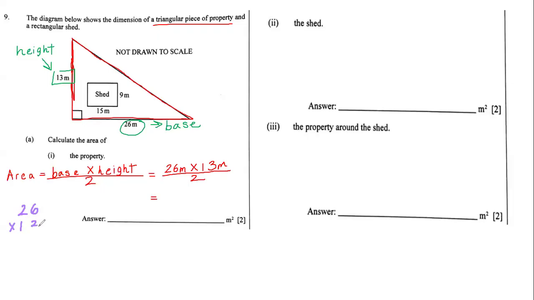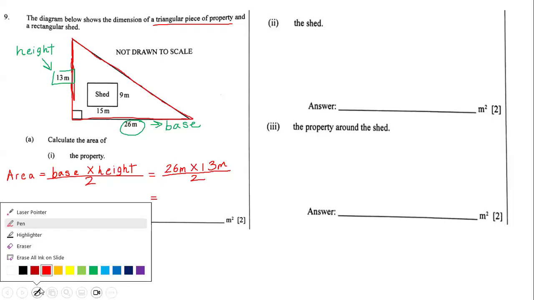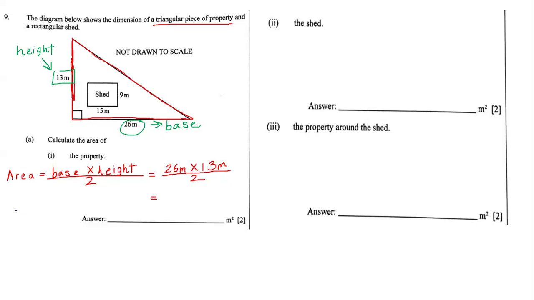It's very easy, because what is 3 times 6? 18.